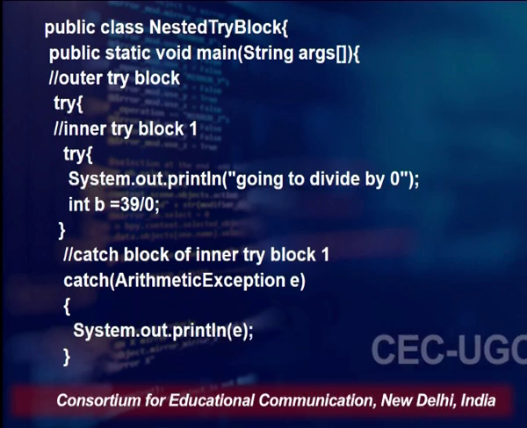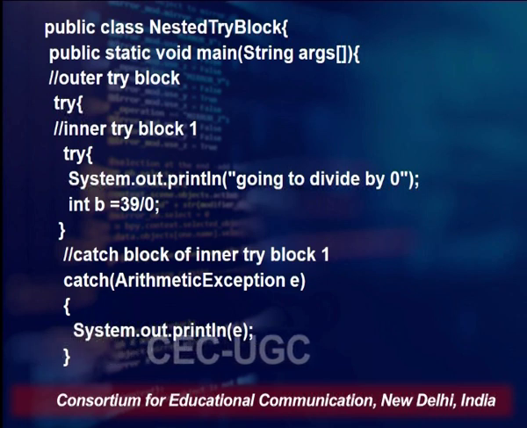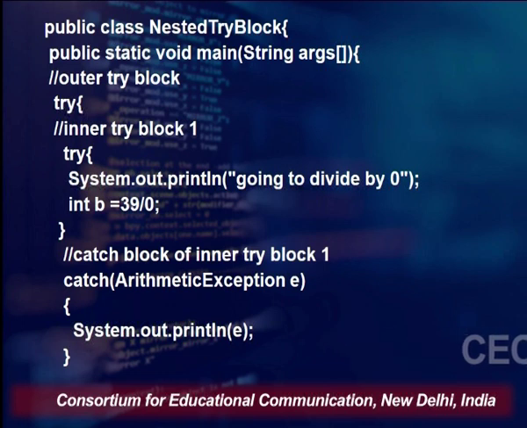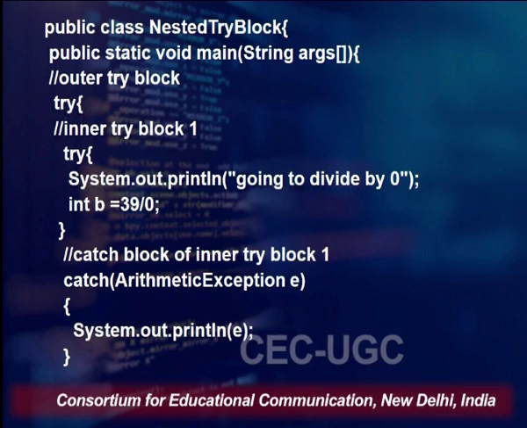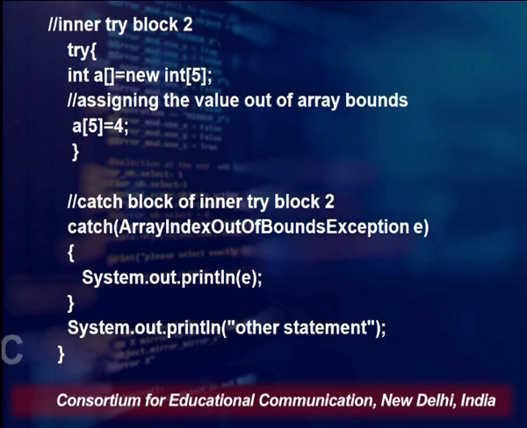To handle that exception, we have a catch clause which says catch ArithmeticException e, and this divide by 0 is handled by this ArithmeticException e, and then System.out.println prints the contents of that variable e.